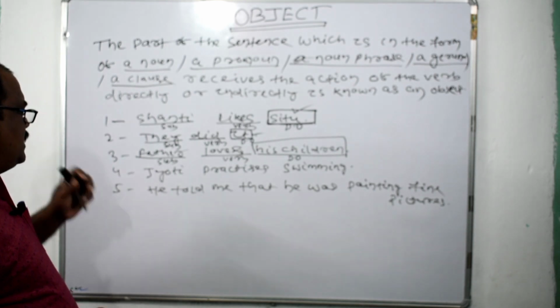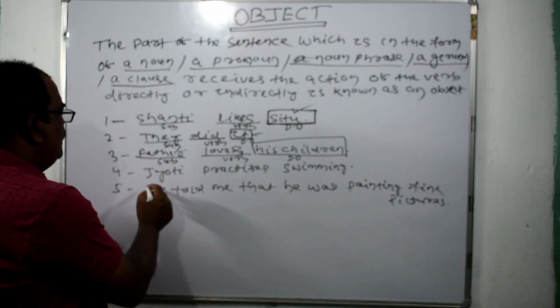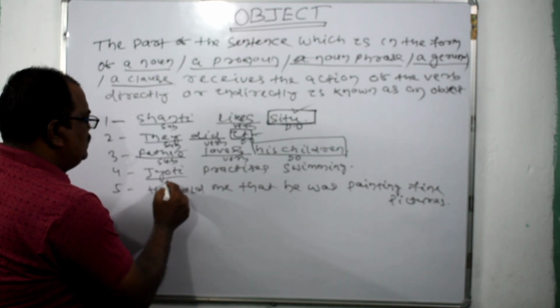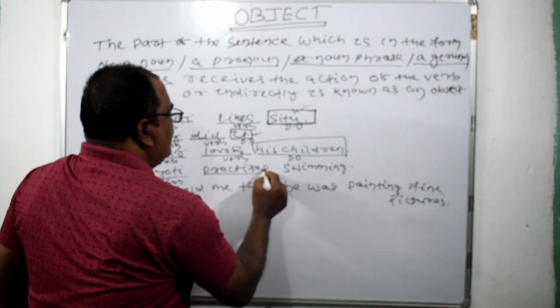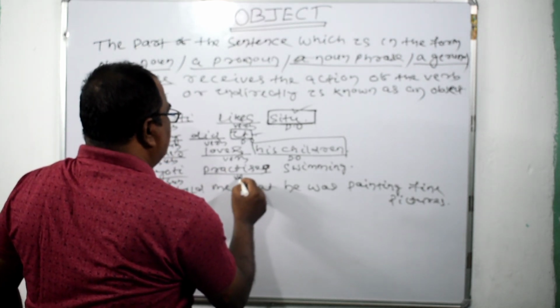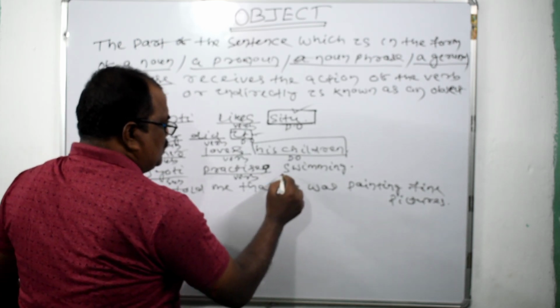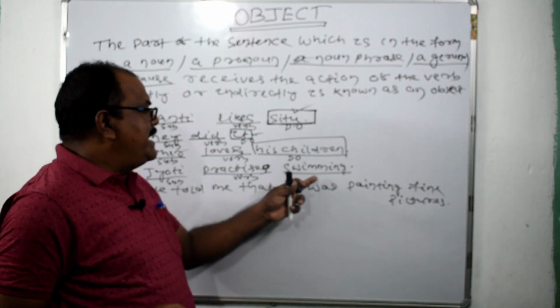In the fourth example, Jyoti practices swimming. Who practices? Jyoti, subject. Practices is an action word, so it is a verb. Swimming is in its ing form.